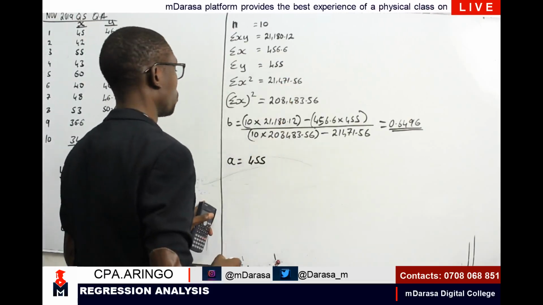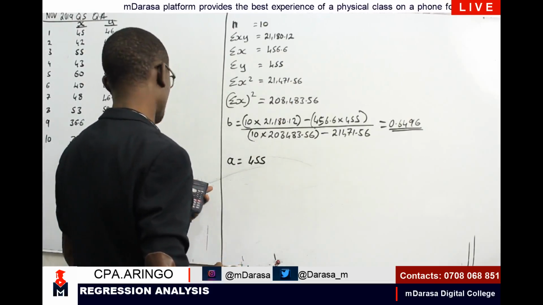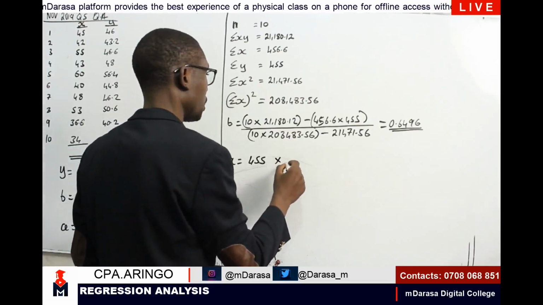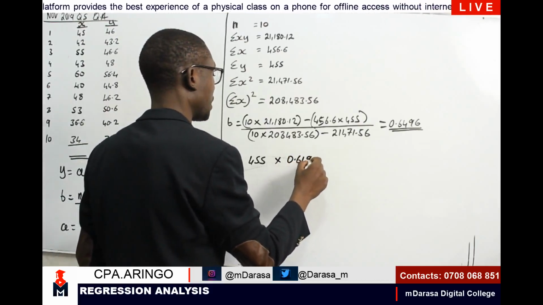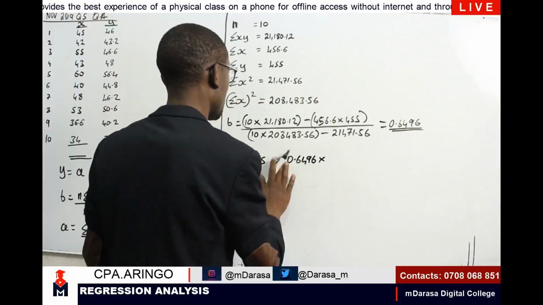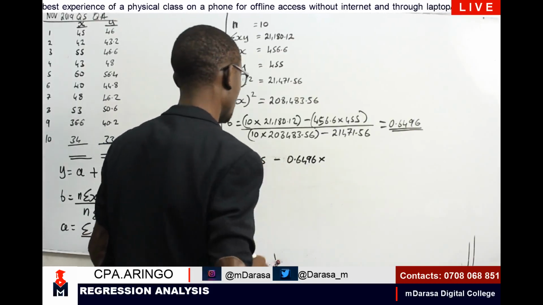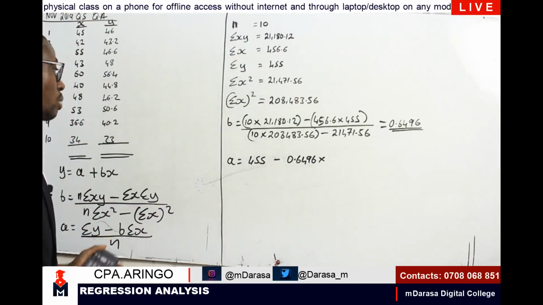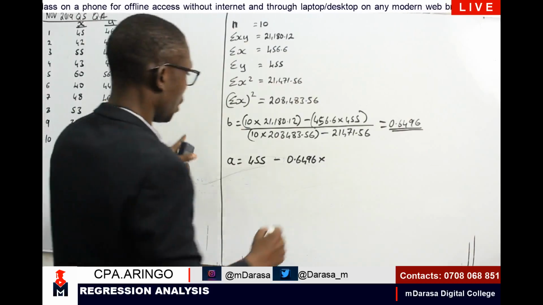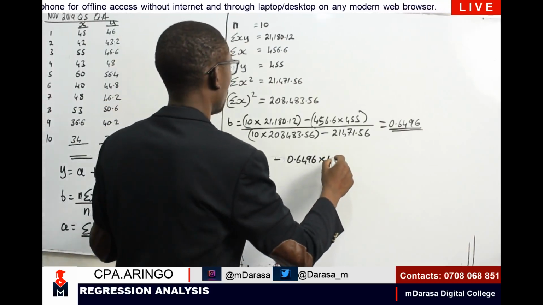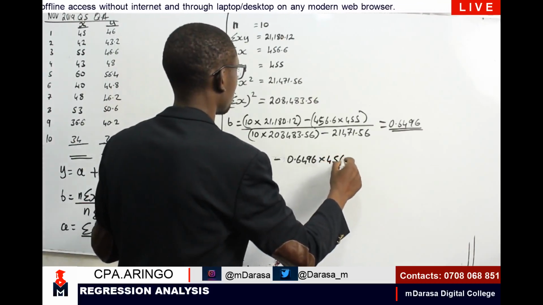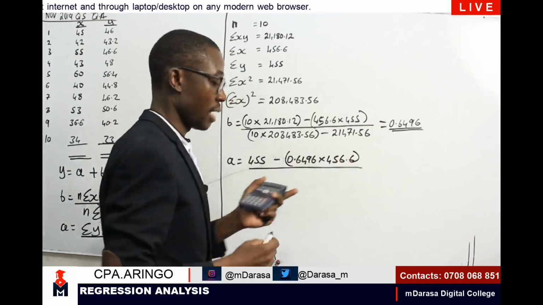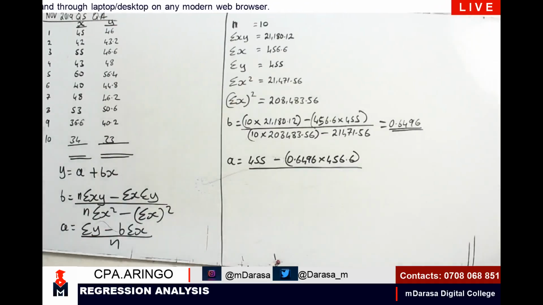We need to minus B, which is 0.6496, multiplied by summation of X, 456.6. We divide by N, the number of data values.